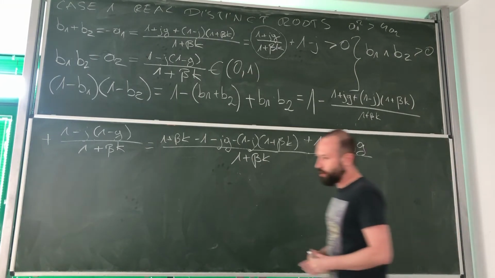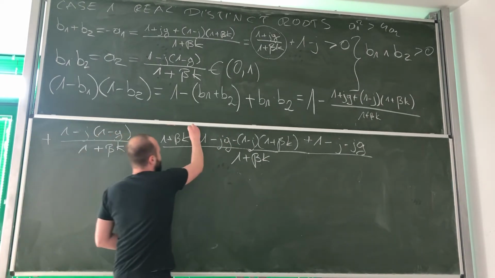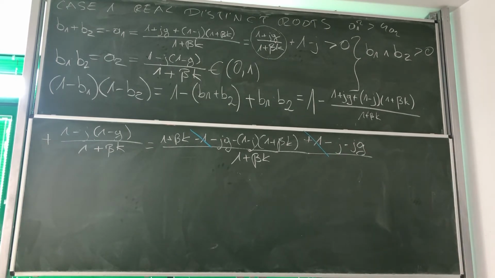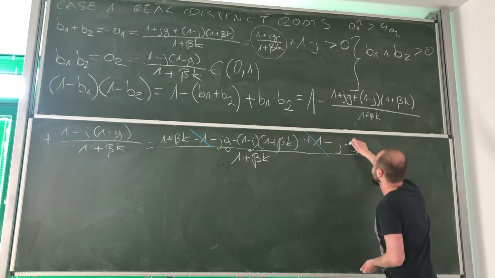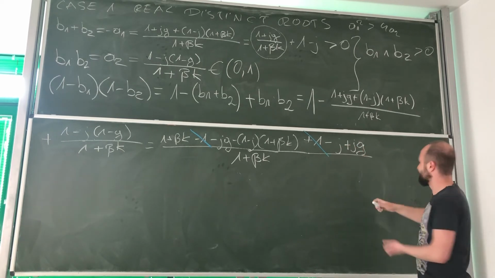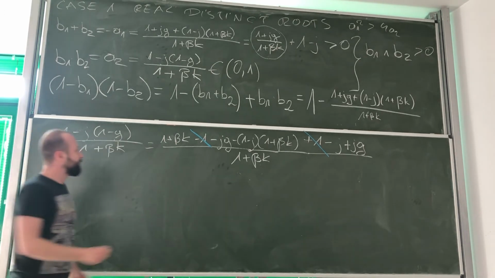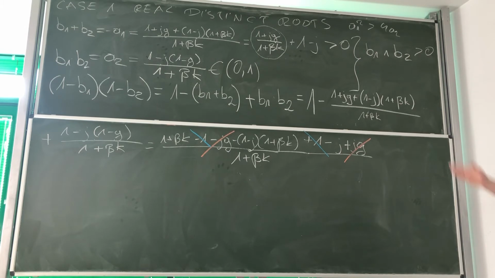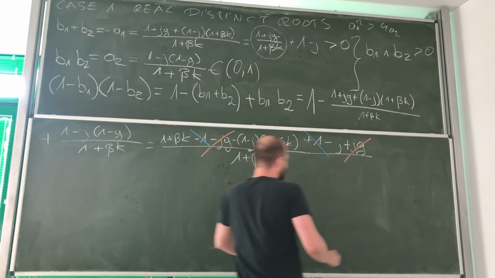Okay, let's see what we can get rid of right away. Right away, we can get rid of those two. And of course here should be a plus, minus and minus equals plus. So we can also get rid of these two.